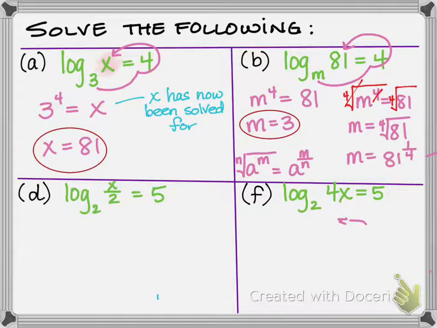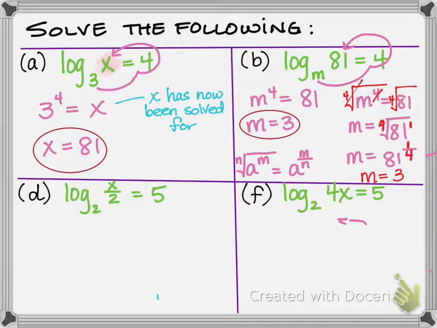And the reason it's going to be 1/4 is because 81 here has a power of 1 right here. You don't see it, but that's why you write a 1. And then the 4 here goes right here. So if you type 81 to the 1/4, you'll end up with m equals 3, okay? Hope that makes sense. Alrighty, if we get a chance, I'll do some more of those problems.